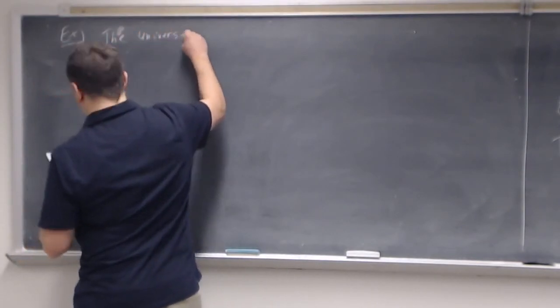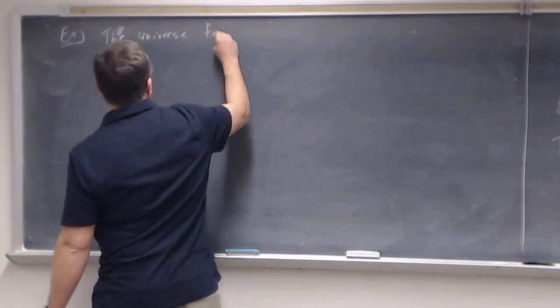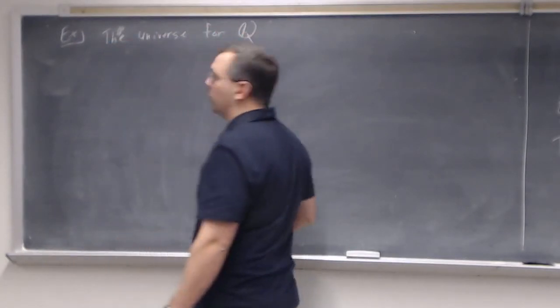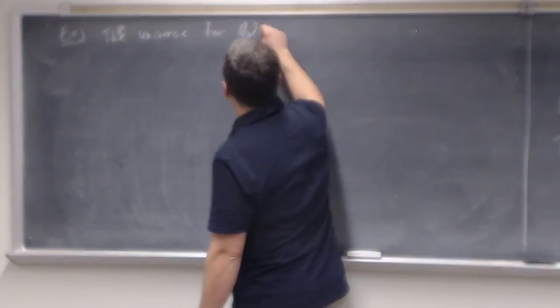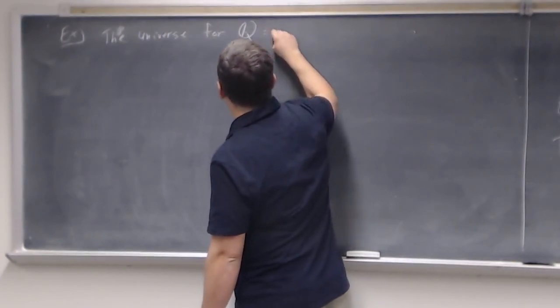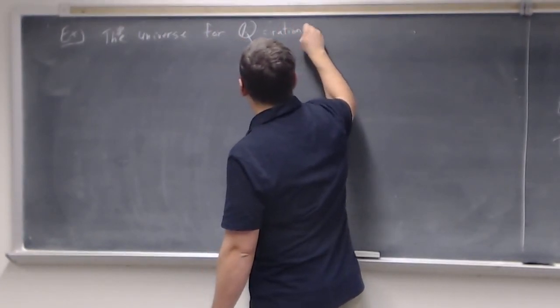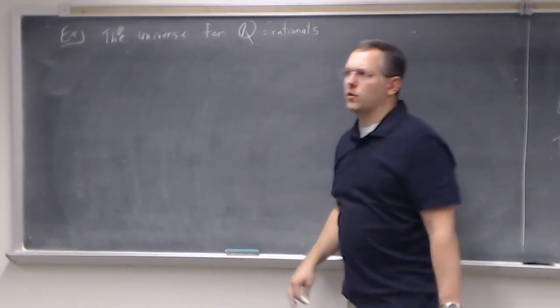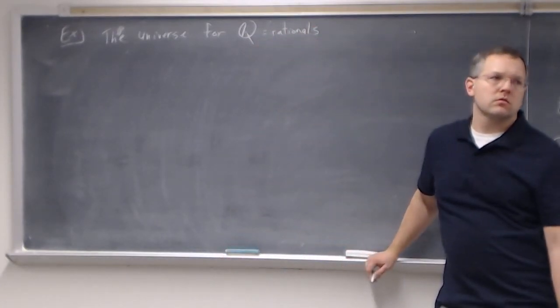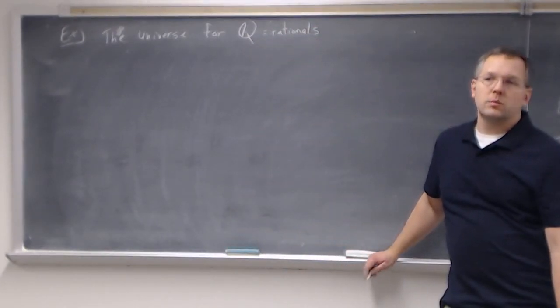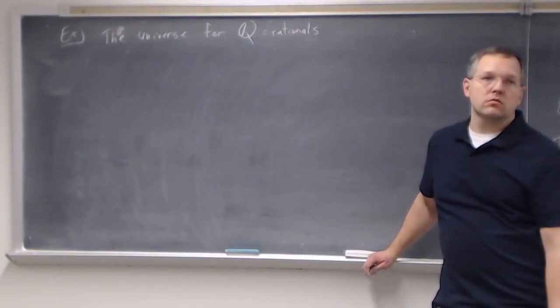Usually when you talk about the rational numbers, remember the symbol is bold Q. What do you think the universal set would be if you're talking about the rational numbers? Some bigger set that contains the rationals.